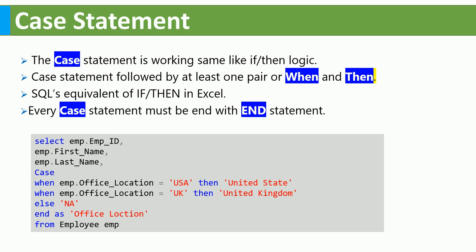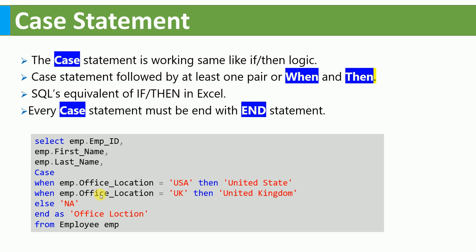And here is an example of how you can write the case statement. Here is a SELECT with your column names, table name dot column name, and all these three columns, and from here the case statement starts. CASE WHEN the employee office location is equal to USA, then print the value United States.